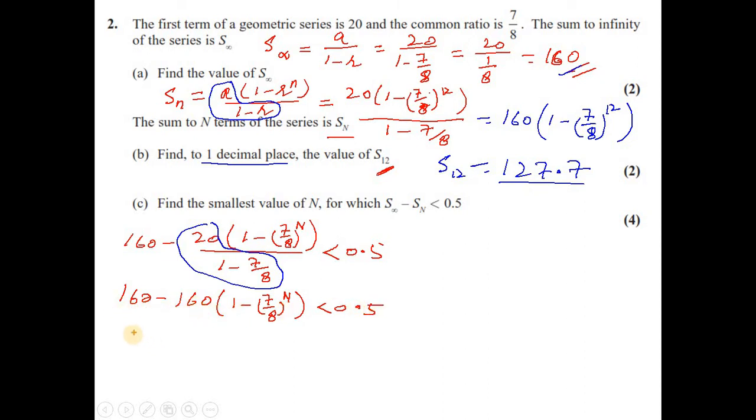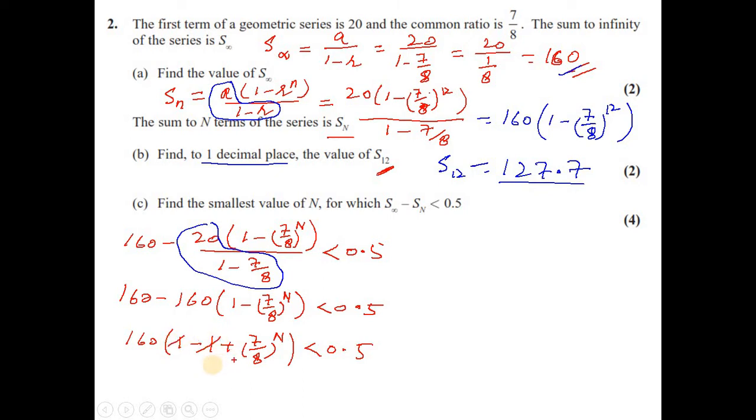Inside the bracket you have 1 minus 1, and this one becomes plus because of that minus sign, 7 by 8 whole power n, less than 0.5.